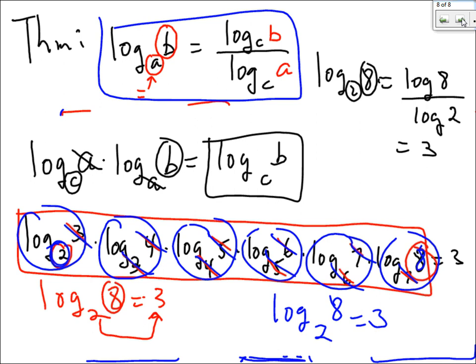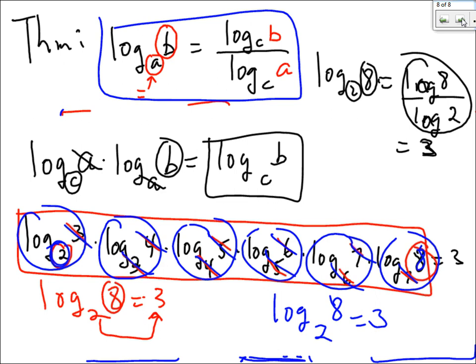If your classmate instead says, my log button's broken, or I like natural logs, calculate that on your calculator, and you'll get 3. Calculate ln of 8 over ln of 2, you'll get 3.